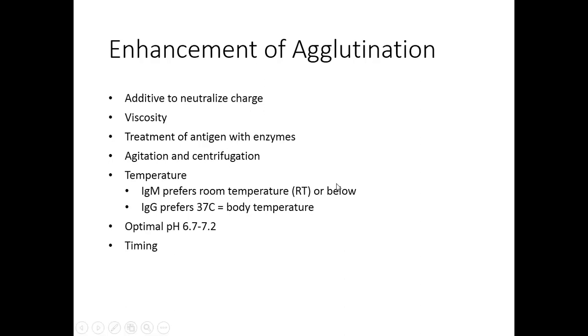One way is to add additives to neutralize the charge. In the blood bank, we use a low ionic strength saline, called LISS, L-I-S-S. It neutralizes the red cell charge a little. We can also increase viscosity with something called PEG, P-E-G, which reduces the water around the red cells and makes the gap narrower.